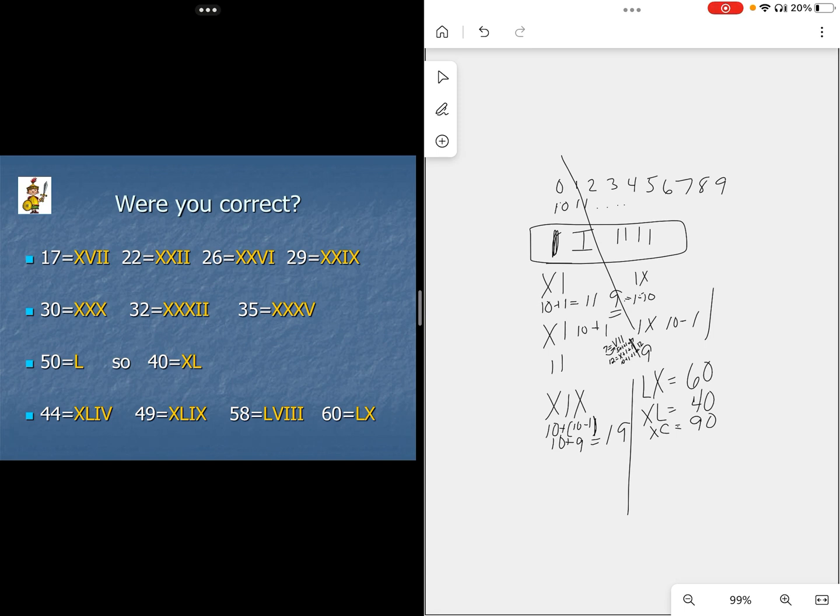The tens would be XC, and then the ones place, which would be IX. So 999 is not IM. Instead, it is CM, and then it is XC, and then it is IX. And that's a bit confusing for a lot of people.